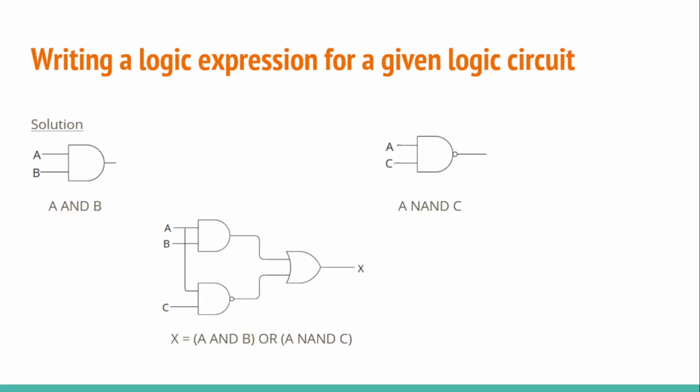To address this problem, I have decomposed the gates into 3. The AND gate, the NAND gate, and of course the overall circuit where the AND gate and the NAND gate are combined using the OR gate. Hence, we get X equals (A AND B) OR (A NAND C).